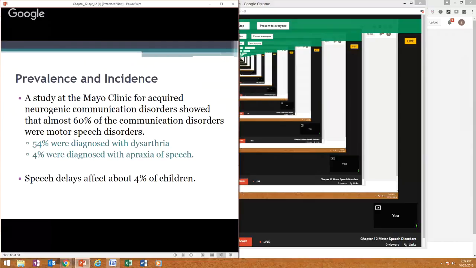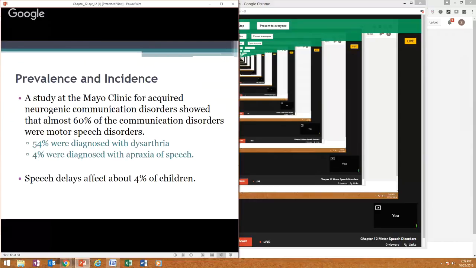Prevalence and incidence. There are not very many studies specific to motor speech disorders. They're fairly rare, but there was a study done by the Mayo Clinic for acquired neurogenic communication disorders, and this specific study showed that for almost 60% of the communication disorders, 54% of the patients were diagnosed with dysarthria or muscle weakness, and 4% were diagnosed with apraxia of speech or motor programming difficulties.